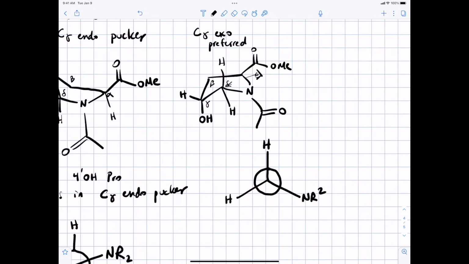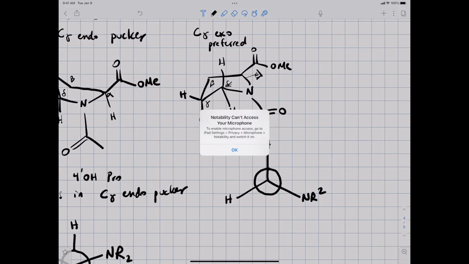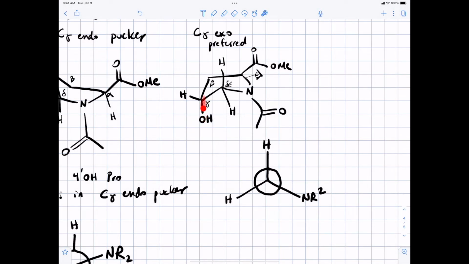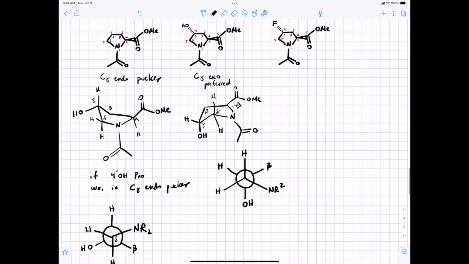Then for the gamma carbon in the back, that OH group should be anti to the carbon-hydrogen bond. You see that? And then we would have the beta carbon from the ring over here, and then a carbon-hydrogen bond here. All right.